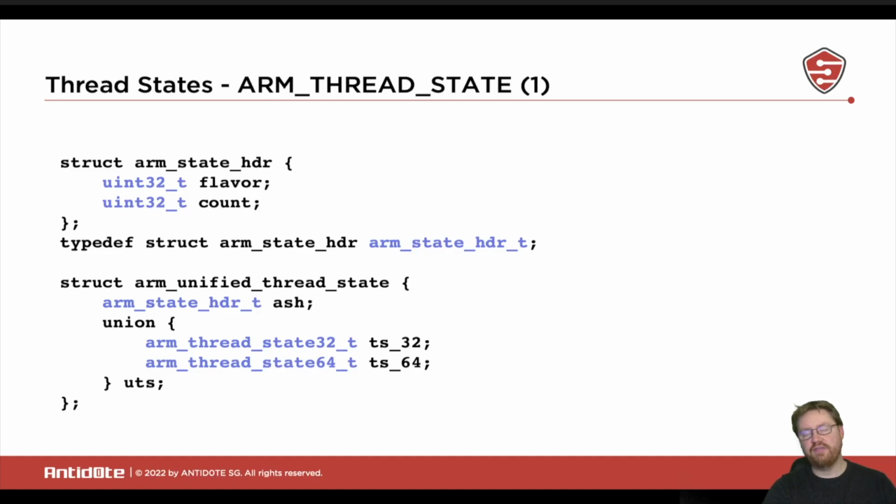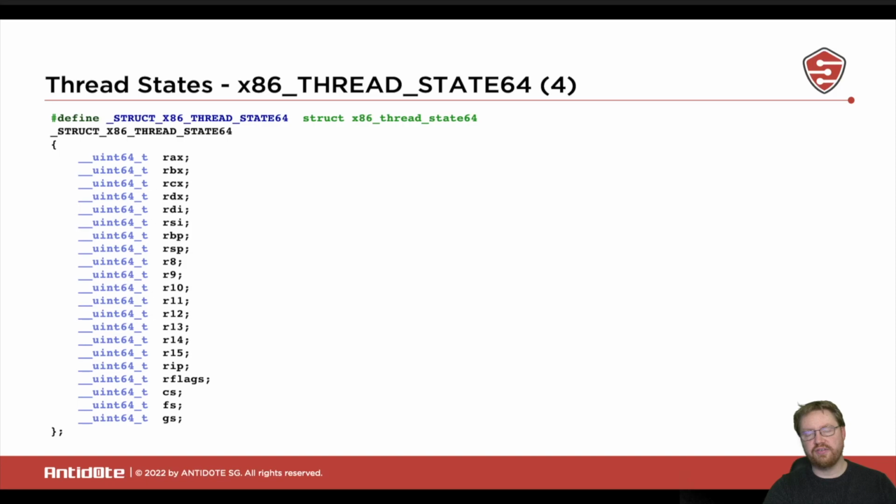If you ever encounter this exception on an x86 system, then it would look like this here. You have basically a 64-bit exception, and you have all the 64-bit x86-64 registers here.